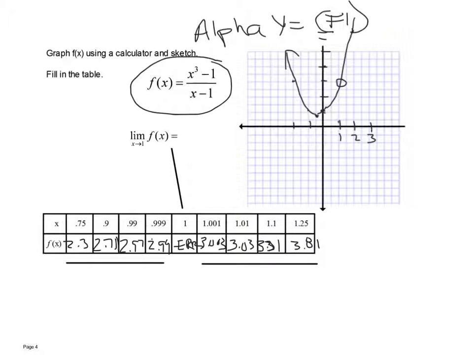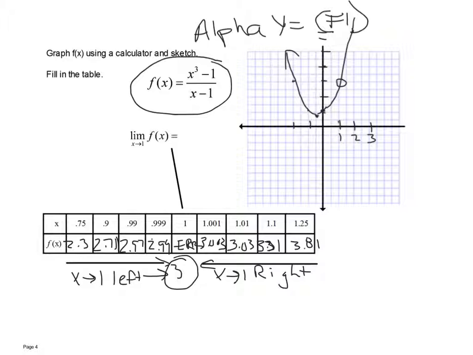So what's happening? As x approaches 1 from the left, I'm getting closer and closer to 3. As x approaches 1 from the right, going this direction, I'm getting closer and closer again to 3.